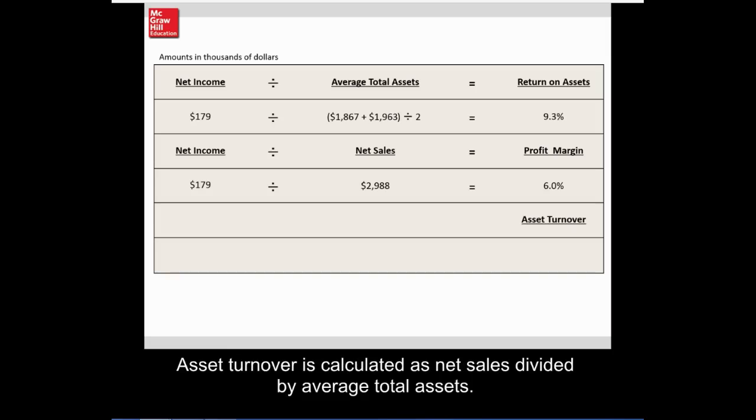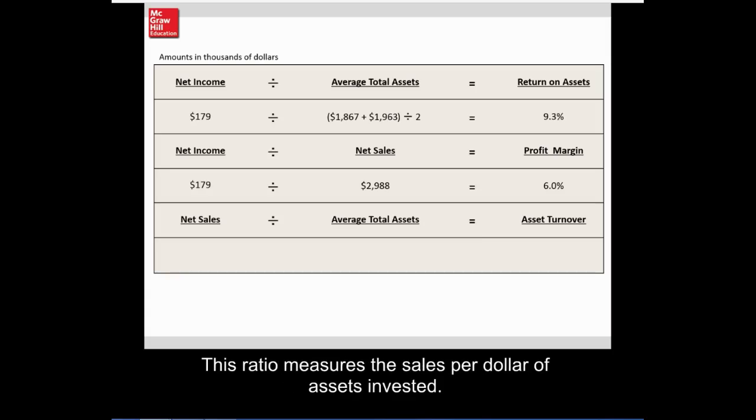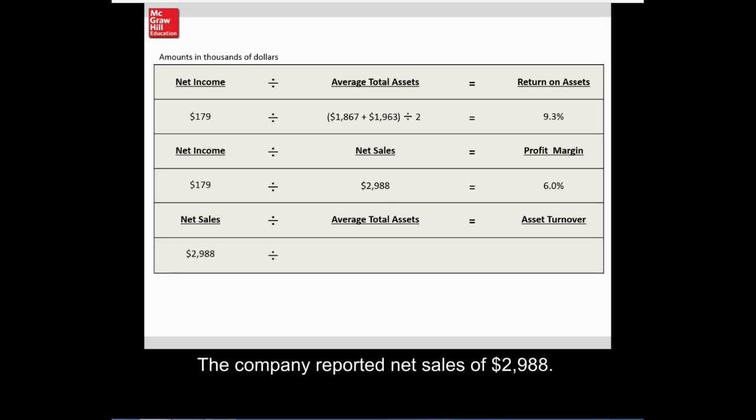Asset turnover is calculated as net sales divided by average total assets. This ratio measures the sales per dollar of assets invested. The company reported net sales of $2,988.